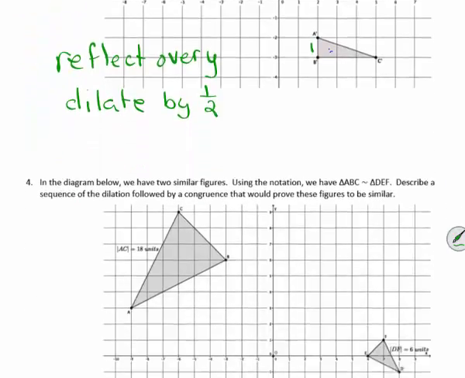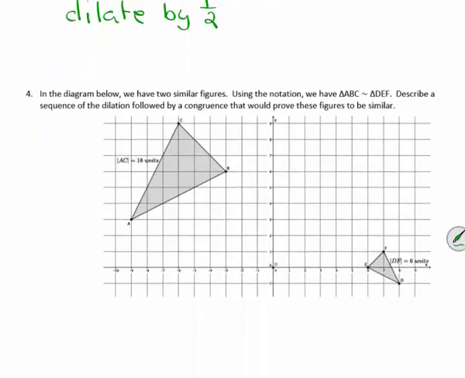All right, let's try one more. So now I want to go from ABC to DEF. We know ABC is similar to DEF. Describe a sequence of a dilation followed by a congruence that would prove that these figures are similar. Well, here they give us our units.